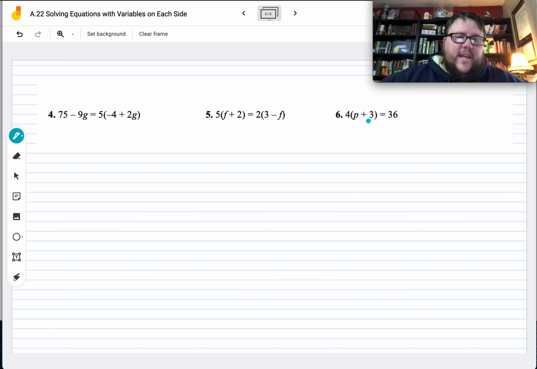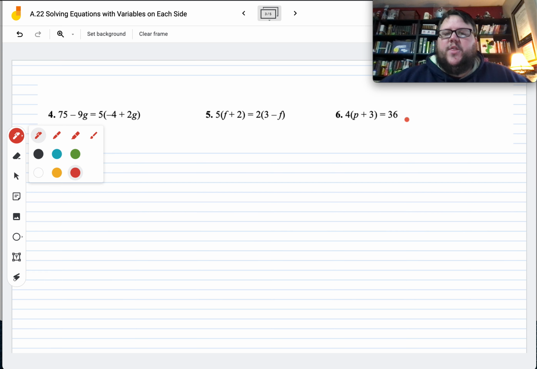But I like to look at number 6 real quick, because number 6 is interesting. The number that I'm distributing is 4, and notice on the right-hand side it's a 36. So 36 is divisible by 4. So this is 4 times p plus 3. Well, if I divide that side by 4, I would have to divide the right side by 4.